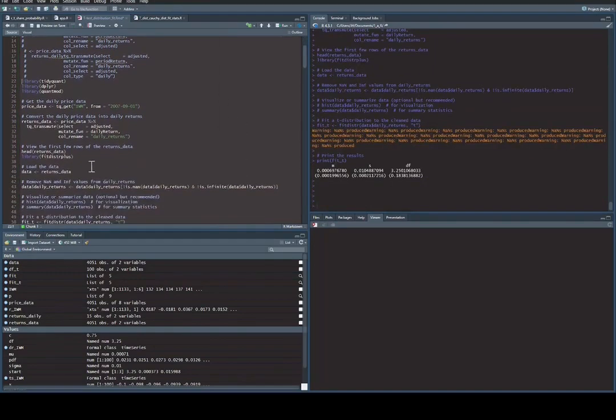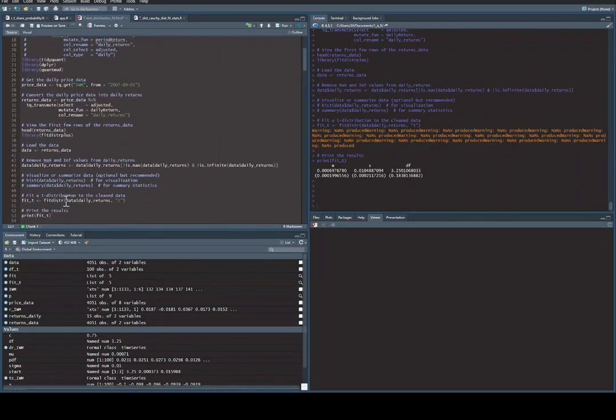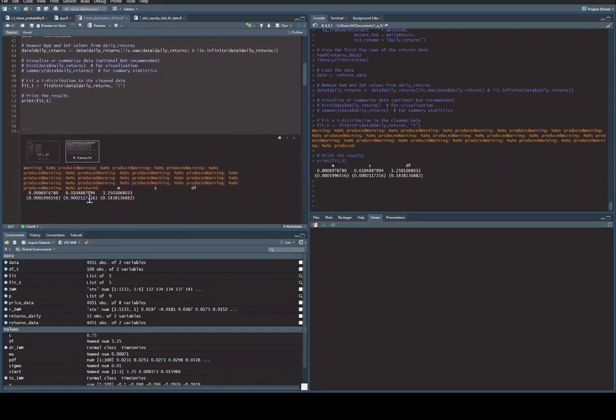And we use fitdistrplus, which is actually a superset of the fitdistr function that comes in MASS, which fits the t-distribution. We print the fit.